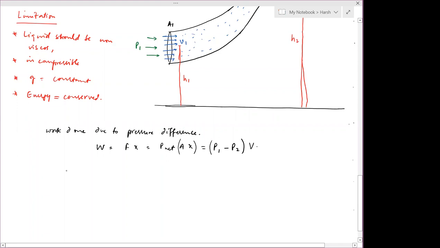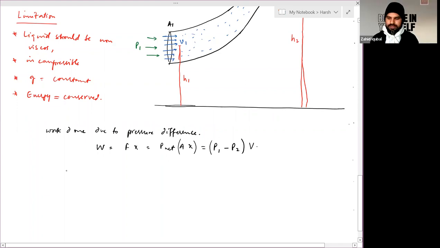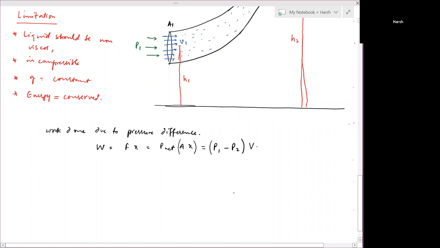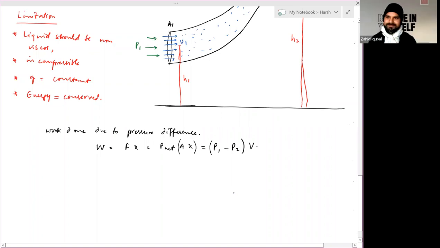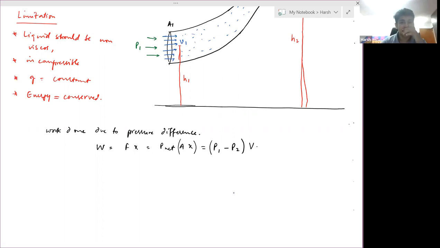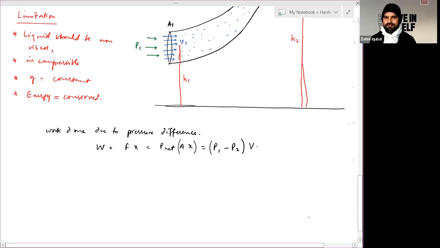Okay. Now, just tell me about the work energy theorem you must have learned in chapter 6. Do you know the definition or formula? What it simply states.